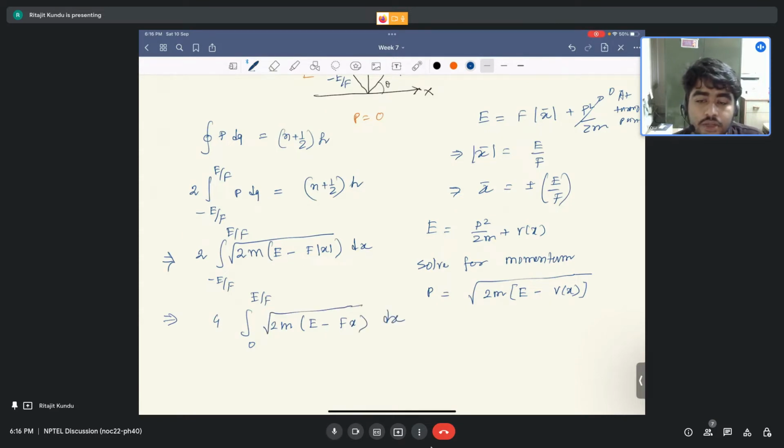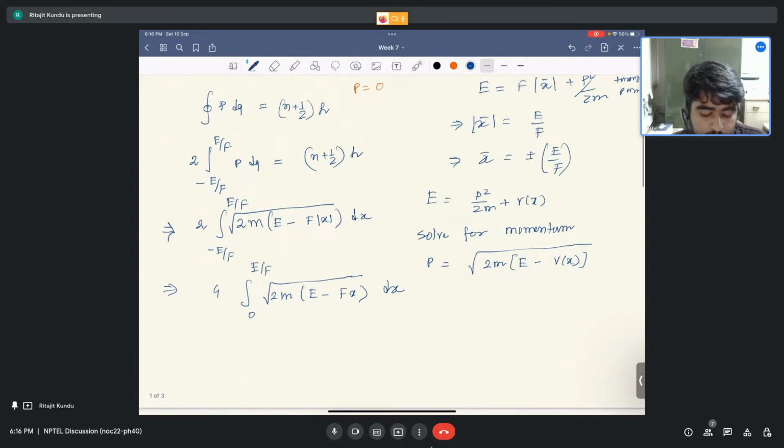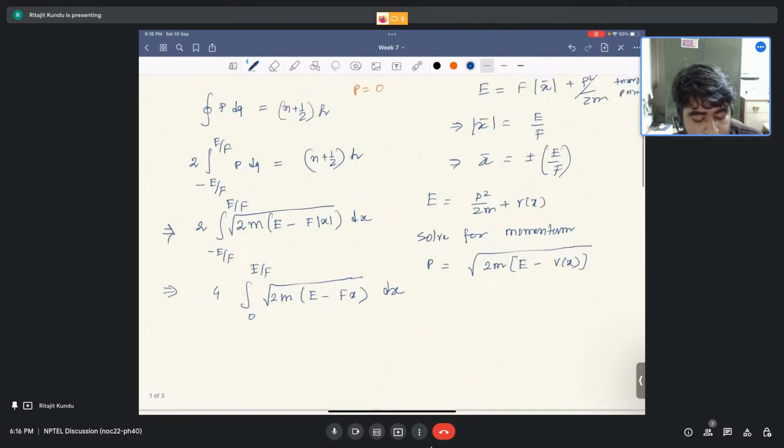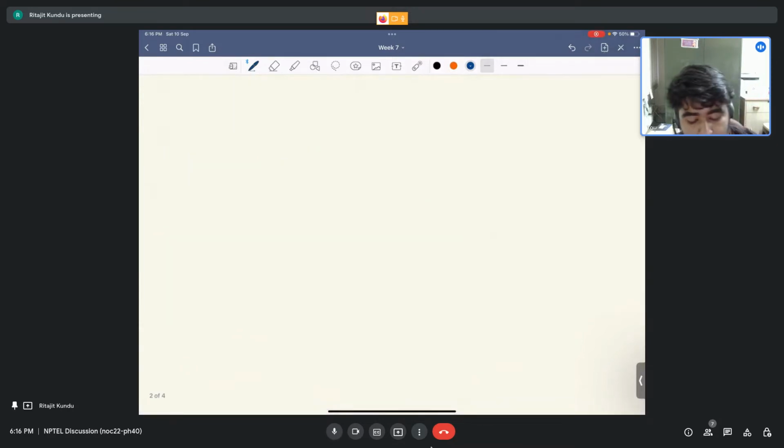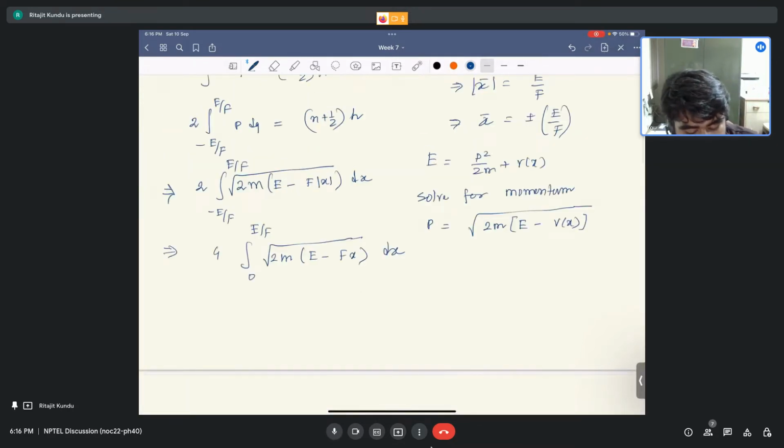Okay, so now I have to just perform this integration. So before doing that, let's try to extract all of the dimensionful quantities from the integration. So you will understand what I mean by that in a moment. So let's say I'm taking a few things common. 2m e, I can take that common because e is a constant, e is a number which gives you the quantized energies. So e I can take out of this integration.